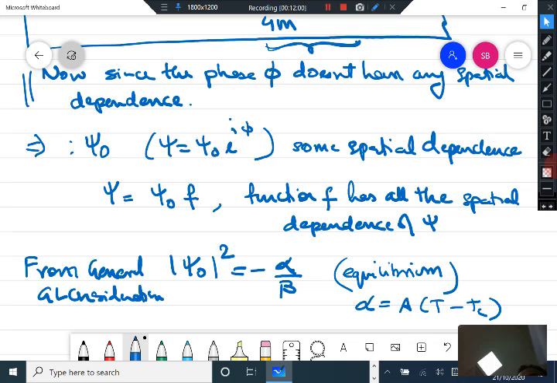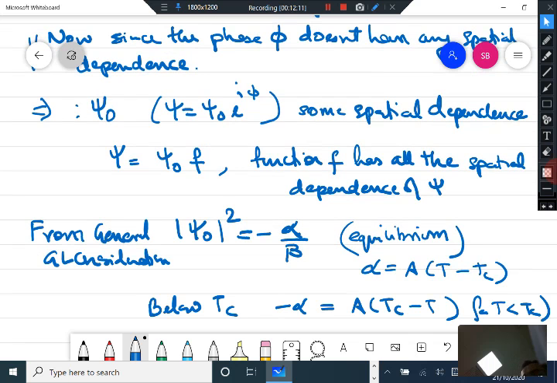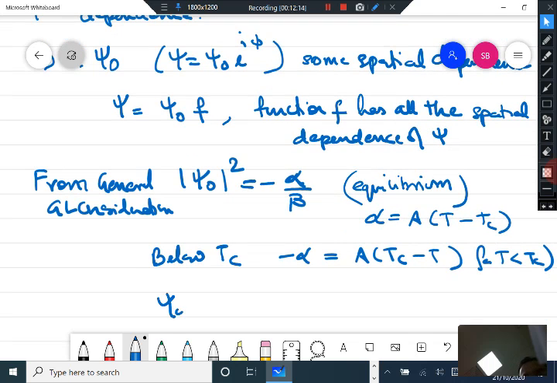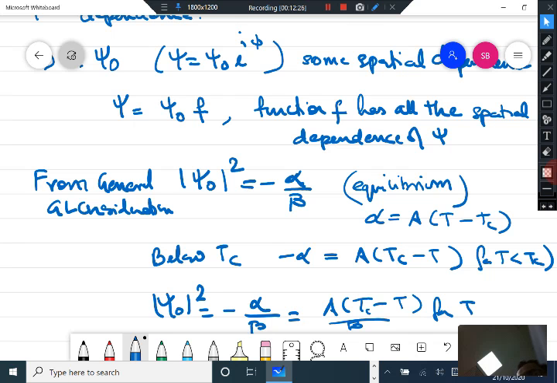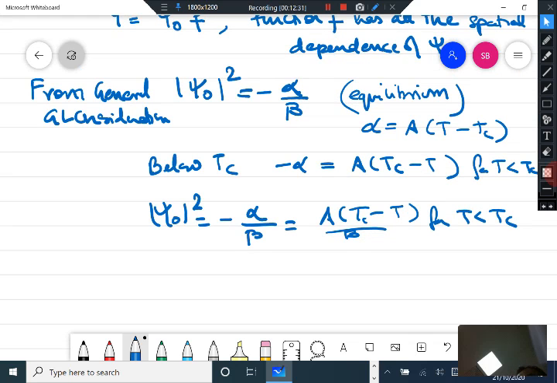So below the superconducting transition, below Tc, minus alpha is equal to A into Tc minus T for T less than Tc. Okay, so psi naught square is equal to minus alpha by beta, which is basically A into Tc minus T by beta for T less than Tc. Okay, so this is the temperature dependence of psi naught square.